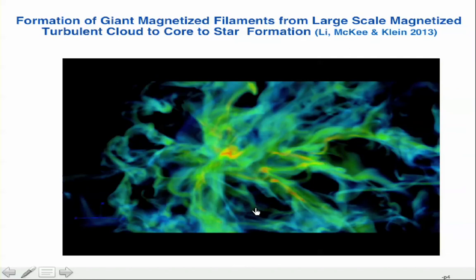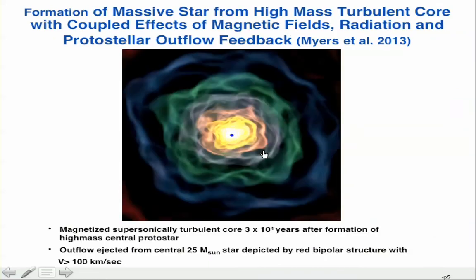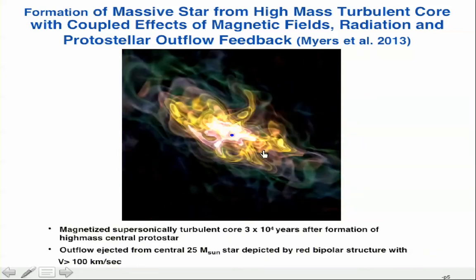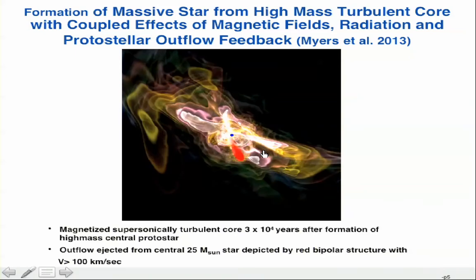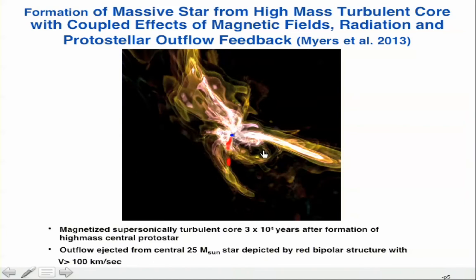If we do that, we will then see the complexity of the collapse of that object as it produces a central high-mass star, 25 solar masses in mass, which gives forth very violent bipolar outflows.